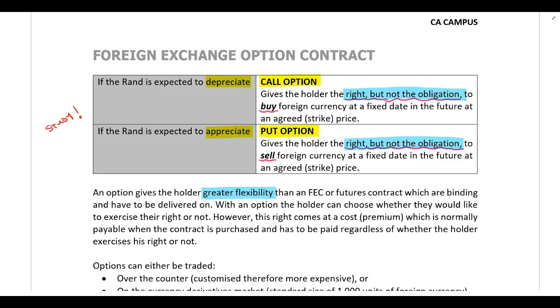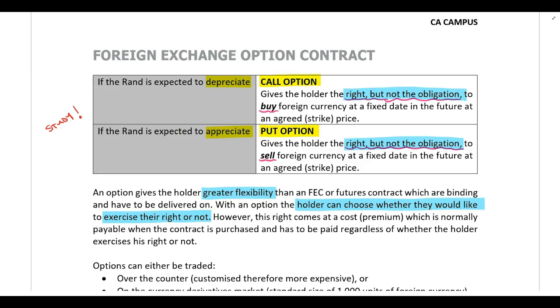So even if the underlying transaction falls through and you don't buy a machine from overseas, or you don't end up buying inventory from overseas, you still need to honor the FEC or the futures contract. On the other hand, with an options contract, the holder can choose whether they would like to exercise their right or not. So they've got the right, but not the obligation.